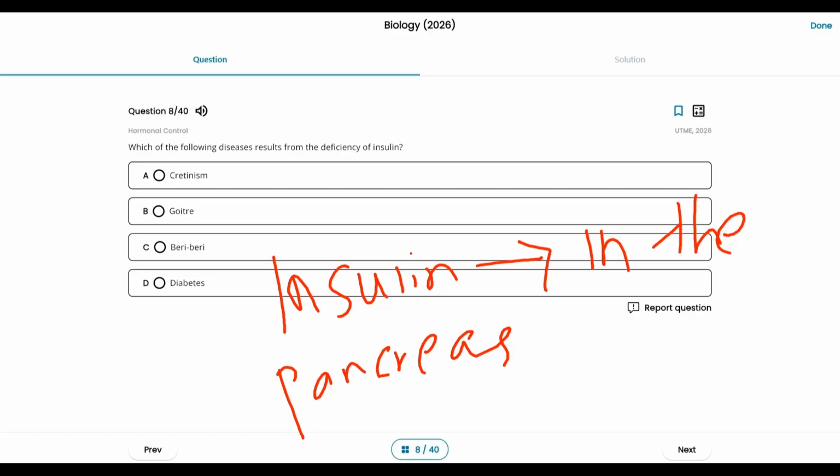Insulin is a hormone that is produced in the pancreas.